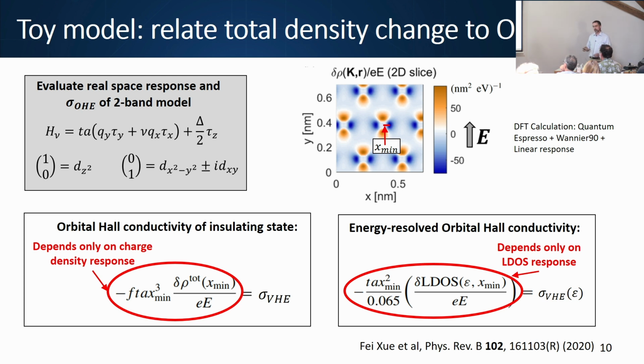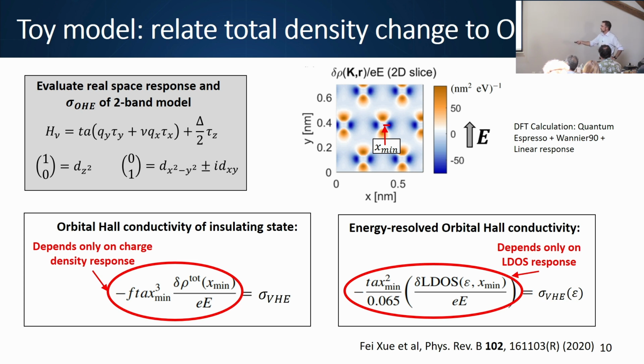You can also compute analytically the orbital Hall effect, and I have some relationships here that are derived from that procedure. What's important is that everything on the left-hand side of this equation depends only on the charge density response. There is one free parameter, T, the hopping, but you could get that if you knew the effective mass.